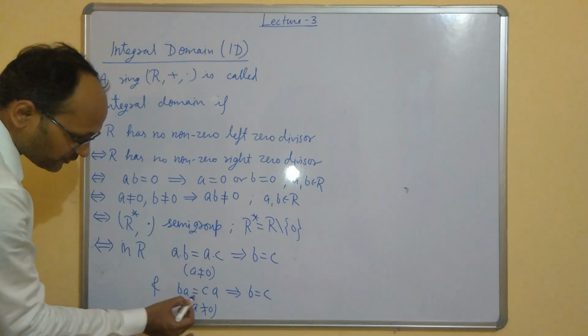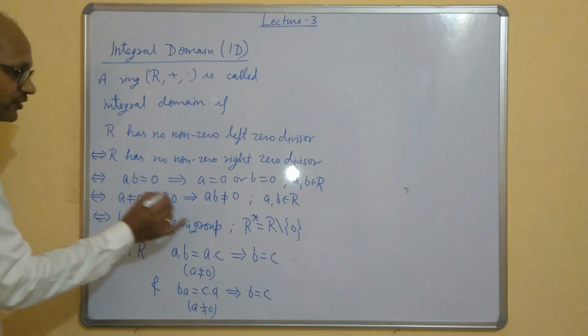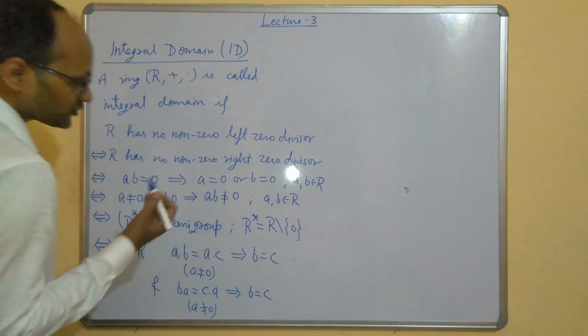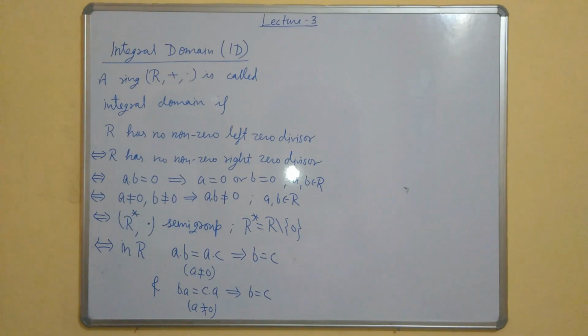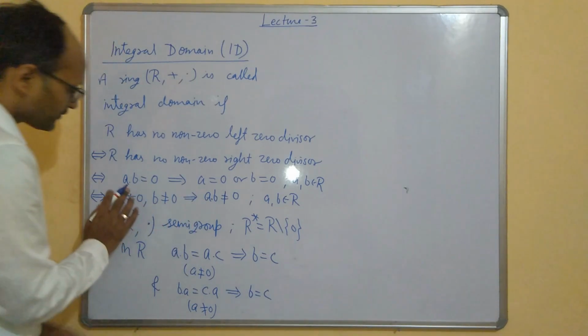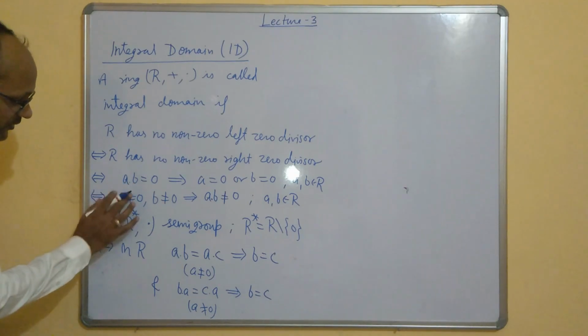Always there is an operation of multiplication, which either I write or not write, you should understand that. For addition we will use plus, but for multiplication several times we will not put the dot.